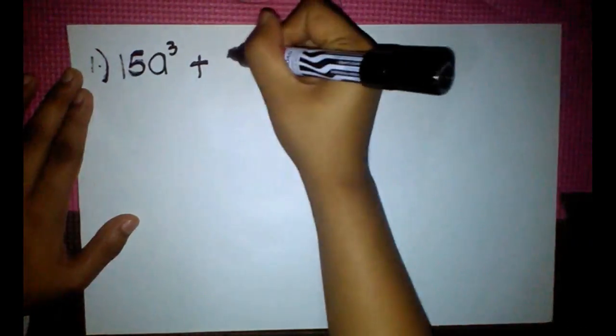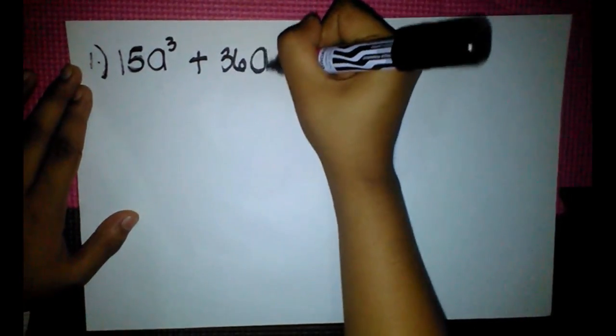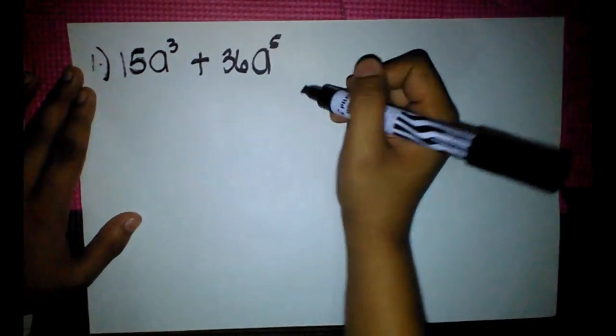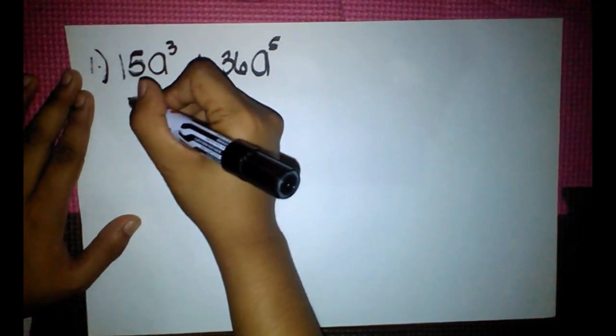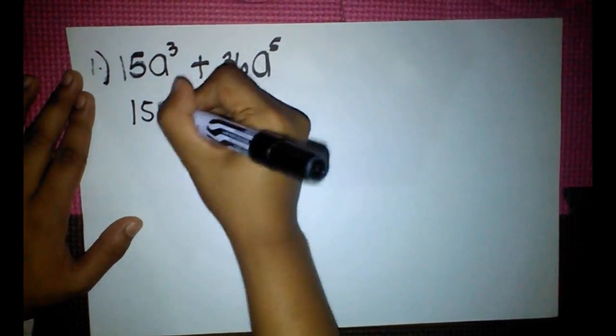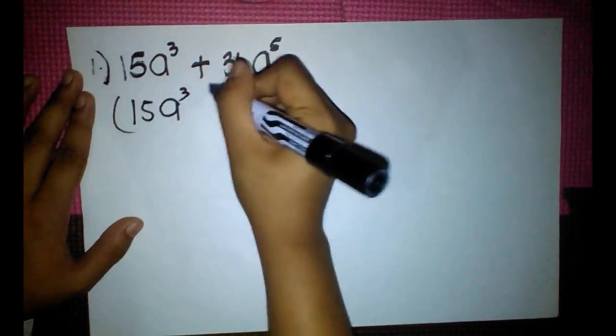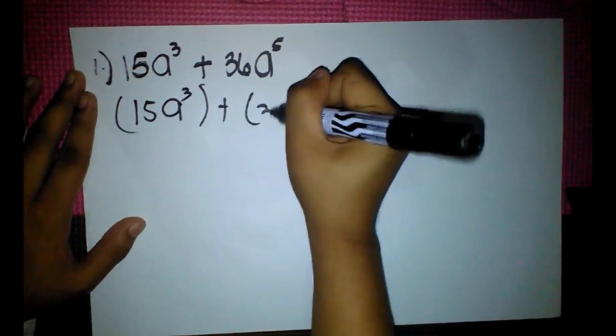To check if we finally understand factoring polynomials by finding the GCF or the greatest common factor, let's try some examples to solve. For number 1, we have 15a cubed plus 36a to the fifth. So in this item, we need to find the greatest common factor of these two terms.